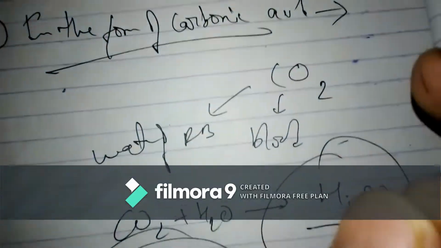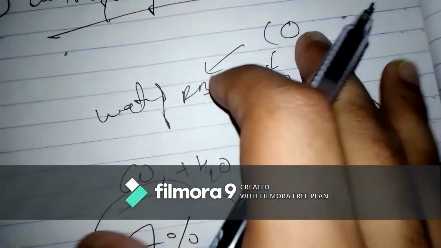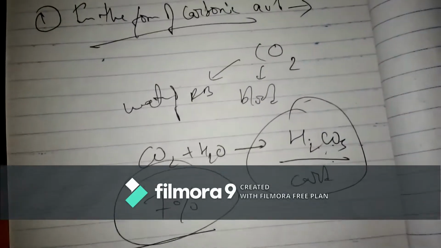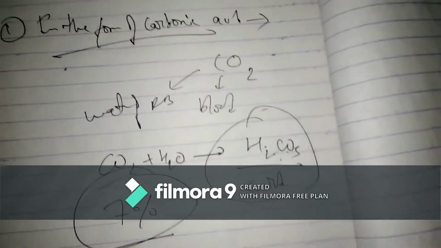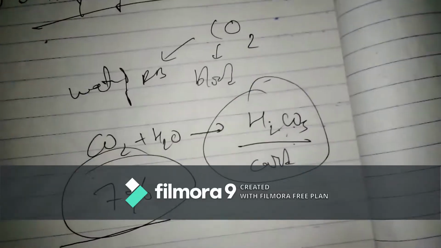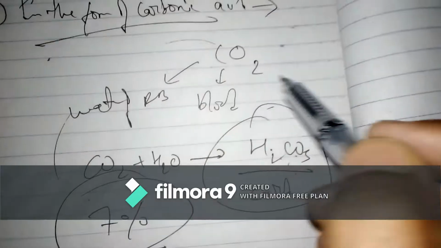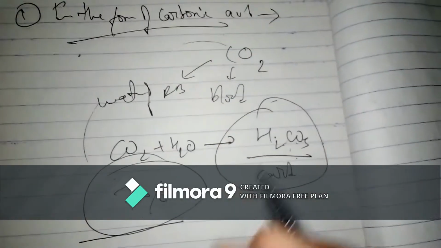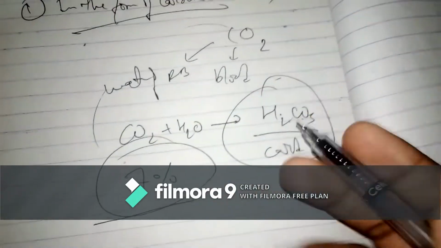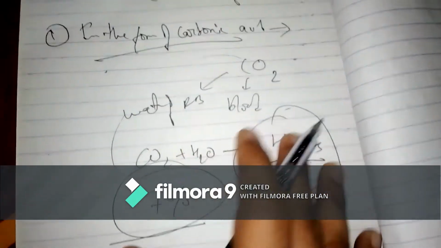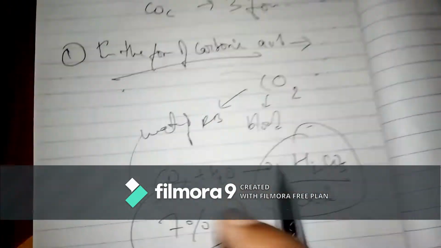This is the first form. And about this carbonic acid we are also going to write in the chloride shift. About chloride shift I'm not going to tell you in this video, but in chloride shift also we are writing the same thing. It is the basic principle of chloride shift as well, that CO2 combines with the water of RBC. So leave that right now. So this is in the form of carbonic acid.